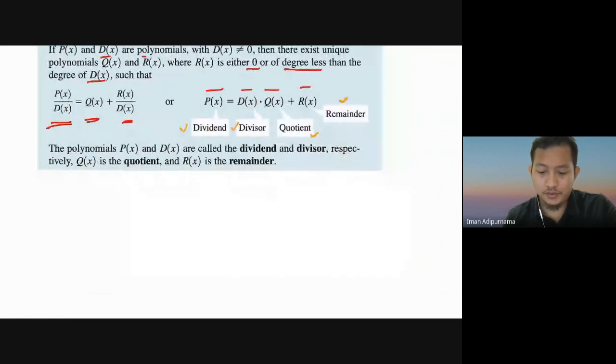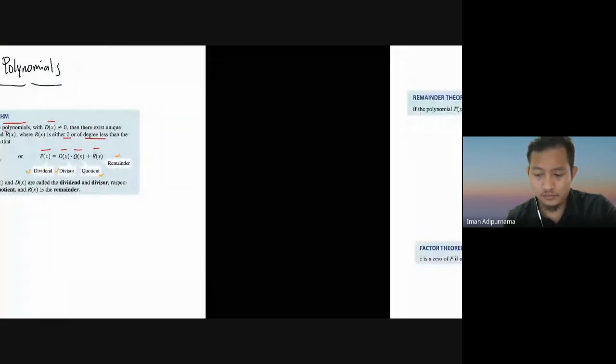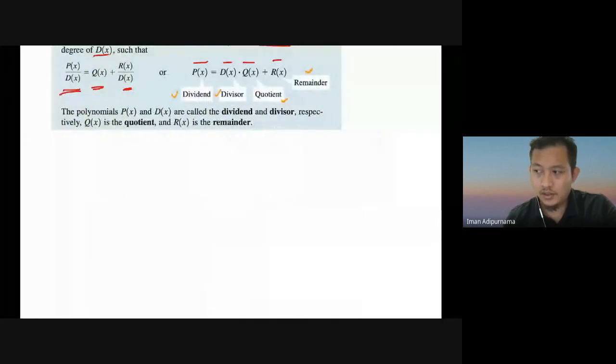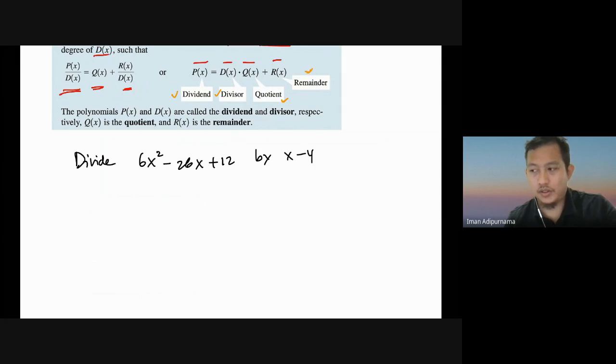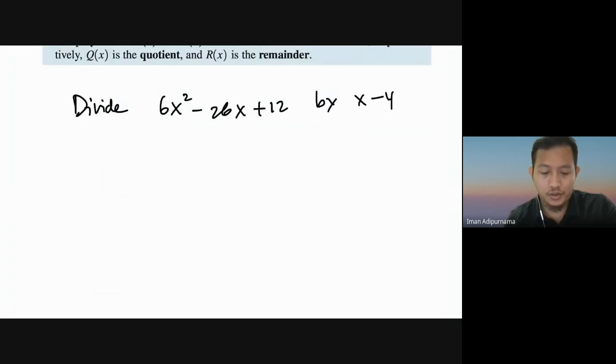For example, if you divide 6x squared minus 26x plus 12 by x minus 4, the first method we look at is long division.